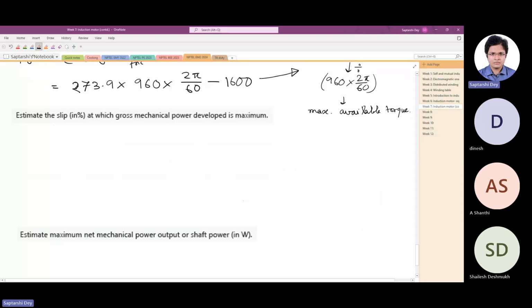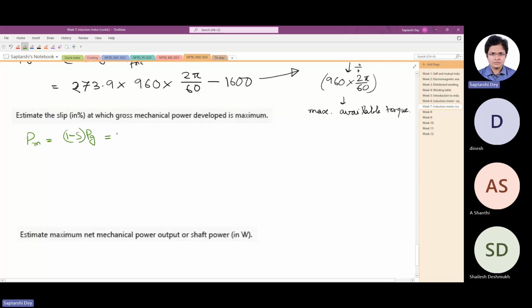So gross mechanical power is 1 minus s times Pg.